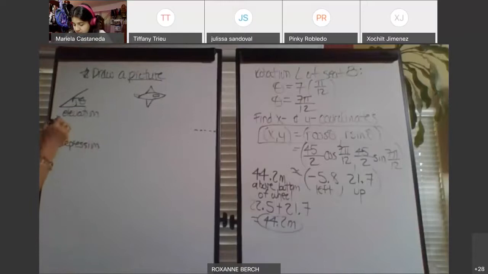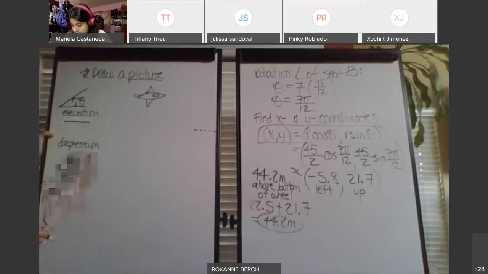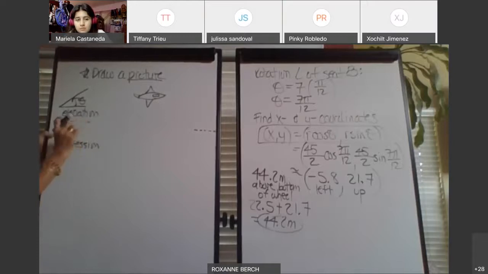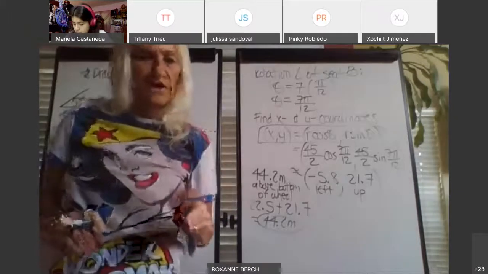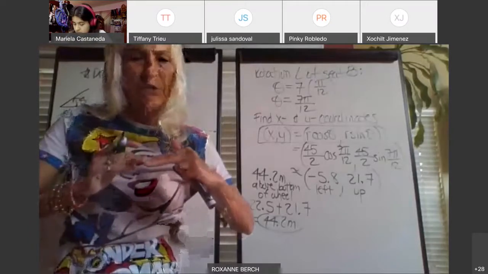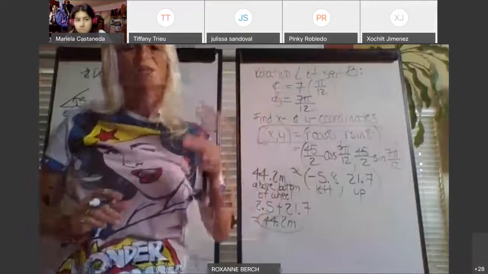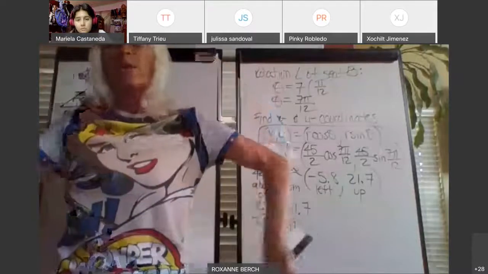All right, so basically, whenever you draw an angle of depression, it has to go from a horizontal. So even though for this airplane there's not actually something there, like this has the ground, which is the horizontal, this airplane, it's imaginary, but it's horizontal. And depression would be shown like that. So that's an angle of depression. Either one has to go from a horizontal. So an angle of elevation has to go from a horizontal up, and an angle of depression has to go from a horizontal down.